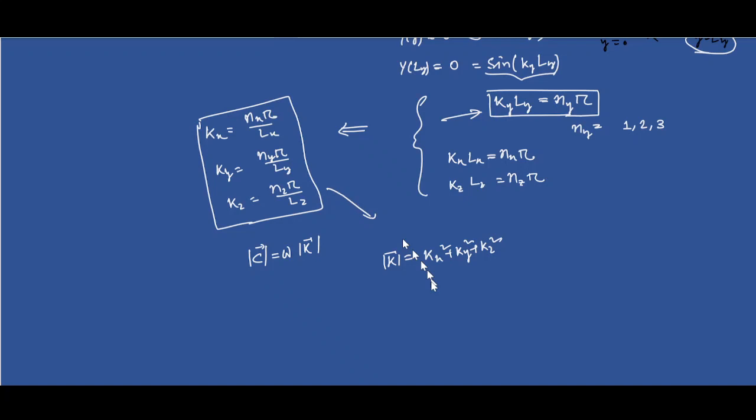Using these three terms, and taking pi out, we can write it as nx over lx square plus ny over ly square plus nz over lz square.